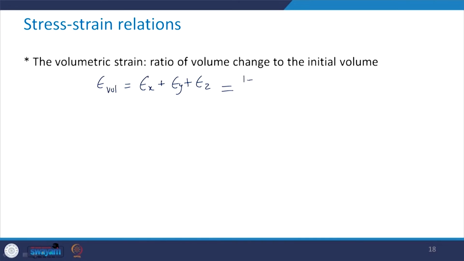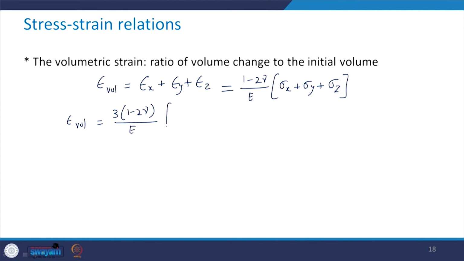So this is going to be 1 minus 2 nu upon E into sigma x plus sigma y plus sigma z, or it can be written as epsilon volume is going to be 1 minus 2 nu upon E into sigma x plus sigma y plus sigma z upon 3, which is the same expression, but this will be 1 upon K into sigma x plus sigma y plus sigma z divided by 3.